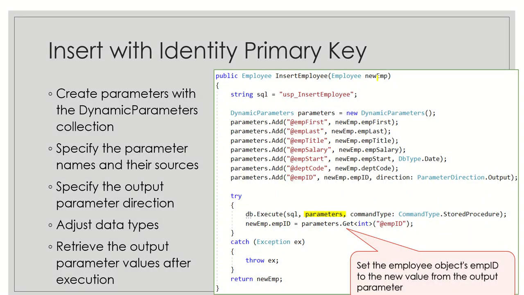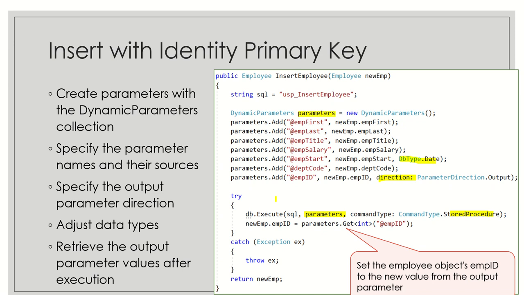But now, because we wanted to make changes, we don't pass the employee object, we pass the parameter bag instead. This allows us to customize the mapping. If we just pass the employee object, then we wouldn't be able to make these kinds of changes. So we pass the list of parameters, and we have to make sure that we set it to stored procedure.